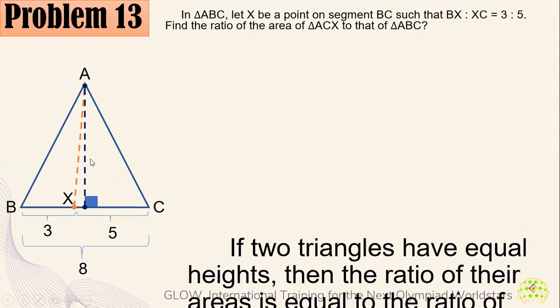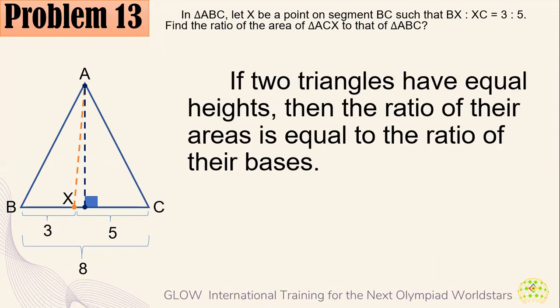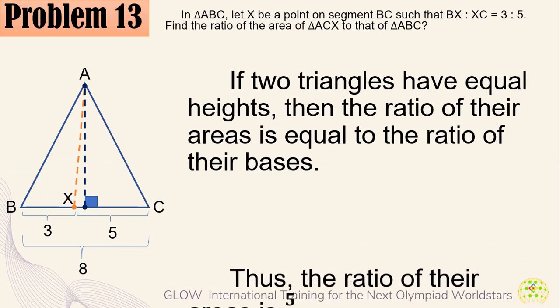if two triangles have equal heights, in this case, if I draw this segment, which is perpendicular to BC, then you could see that these two triangles, ABX and ACX, in fact, share the same height. Then the ratio of their areas is equal to the ratio of their bases.